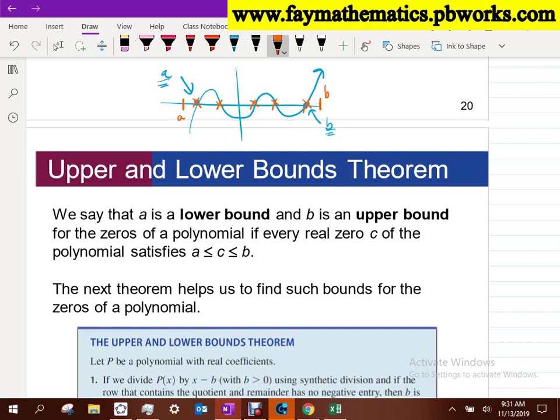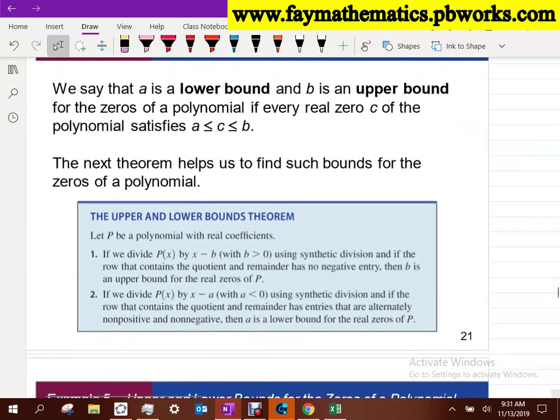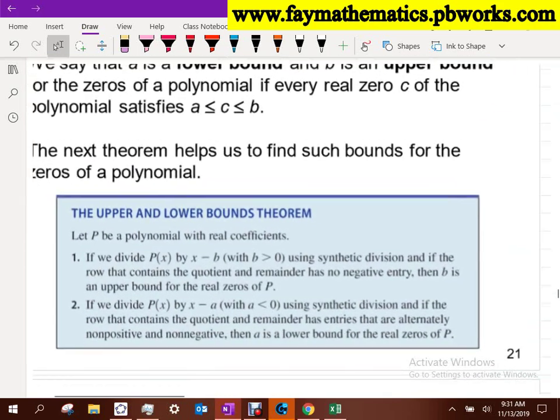So it's very important. You're going to use the upper and lower bounds, I think, more often than Descartes' rule of signs. So what the upper and lower bound theorem says, two parts again.